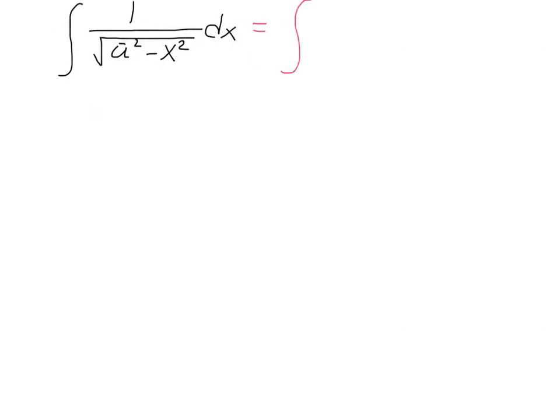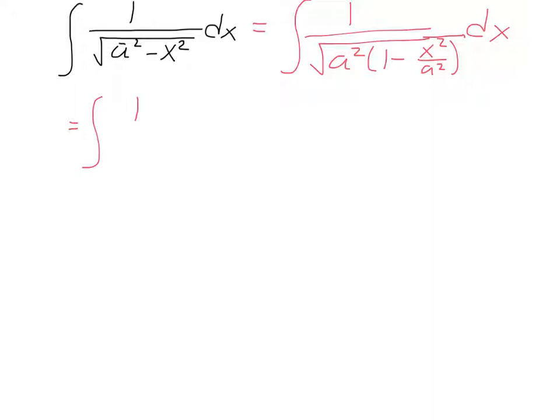You'd have to say, okay, if that front term is going to be 1, I have to factor out the a squared, so then I'm left with 1 minus an x squared over an a squared inside my square root. And if that's the case, I'm going to do a couple things here. I then have two things being multiplied together inside my square root, and so I could take the square root of both of them separately.